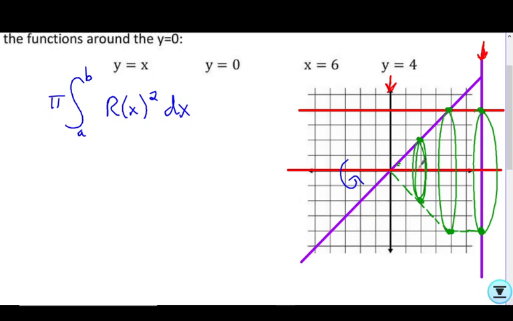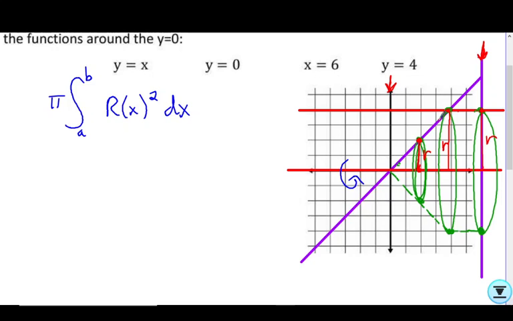So from here to here, this is a radius, right? From here to here, this is another radius. But notice as soon as I get to here, all of a sudden my top function becomes a different function. If I look at this radius, it's different. It's hitting this line instead of the y equals x line.